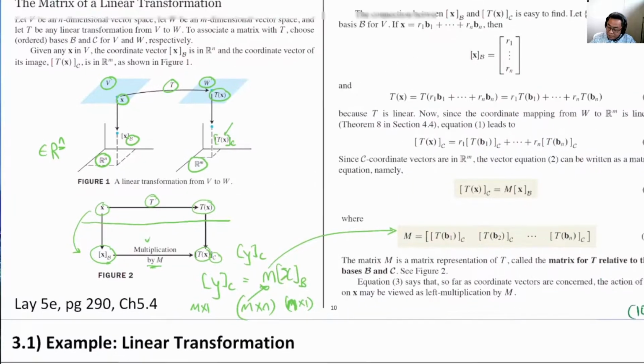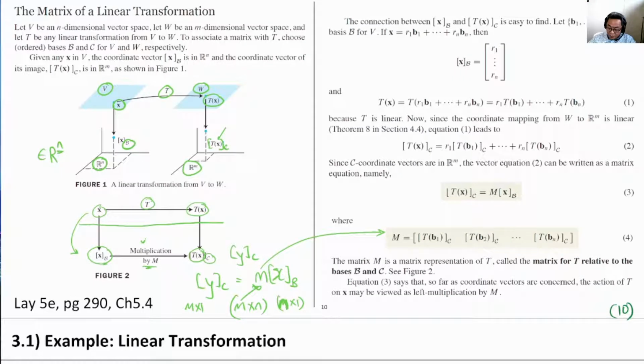So this equation shows us how do we find M. M is defined to be the columns of M, there are n of them, is simply the transformation acting on the B basis, one column at a time.